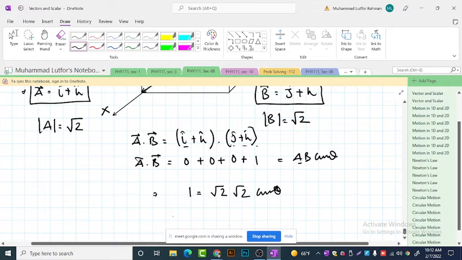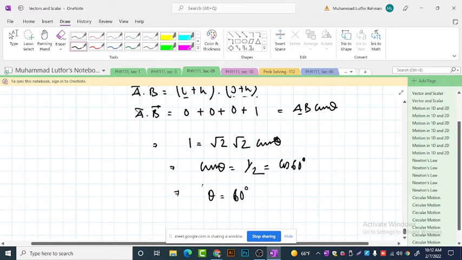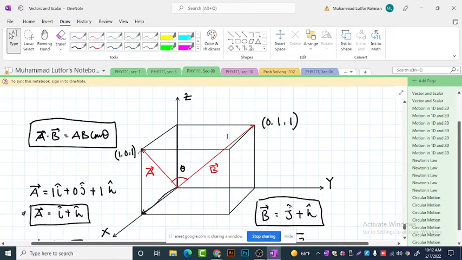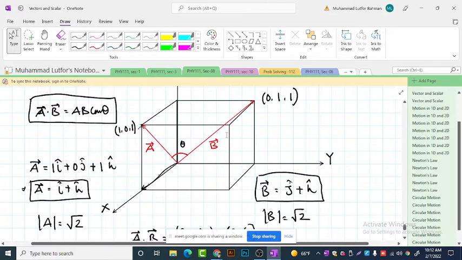Then it would be cos 60 degree, because cos 60 degree is a half. That's why the angle between these two diagonals is 60 degree. Although the planes are 90 degree to each other, the angle between these two vectors is the shortest angle. So that's why we can use this formula to find the angle in any case.